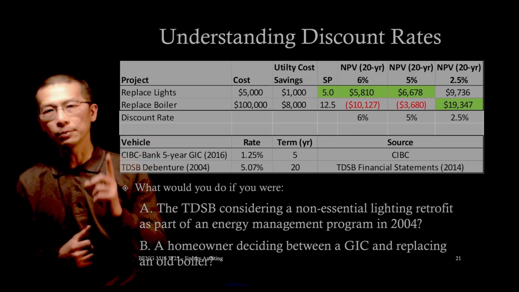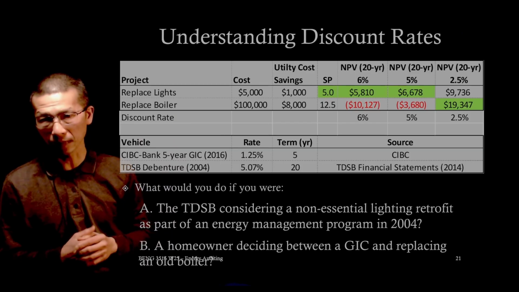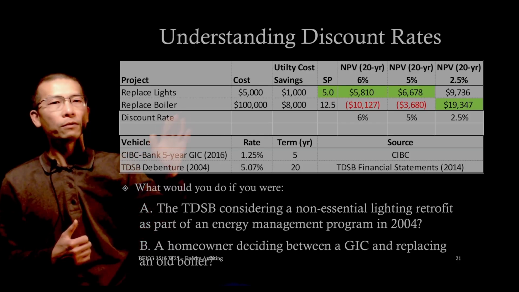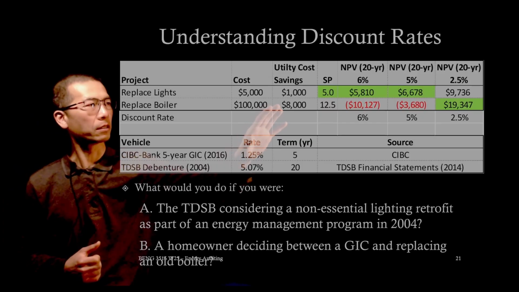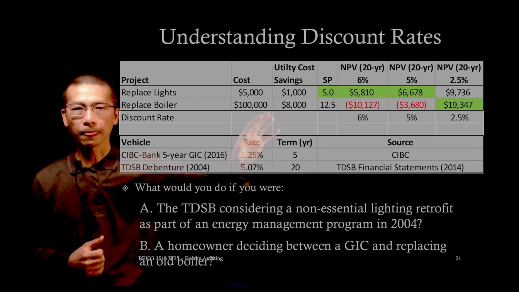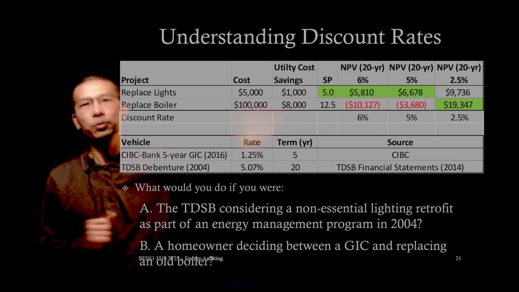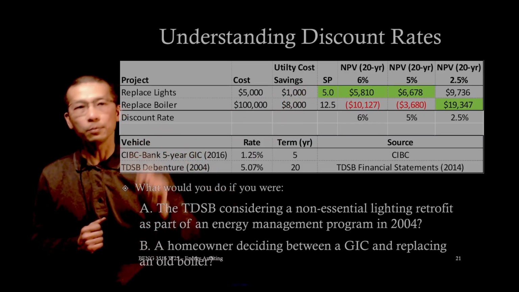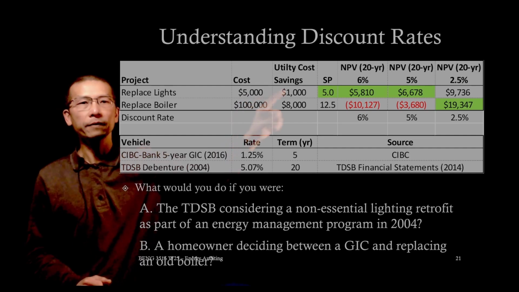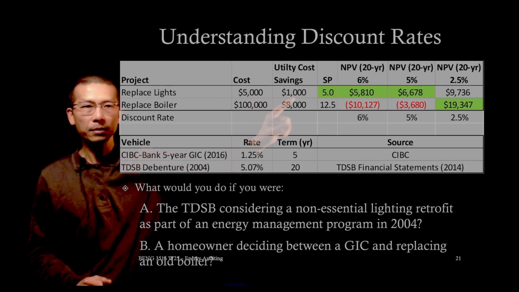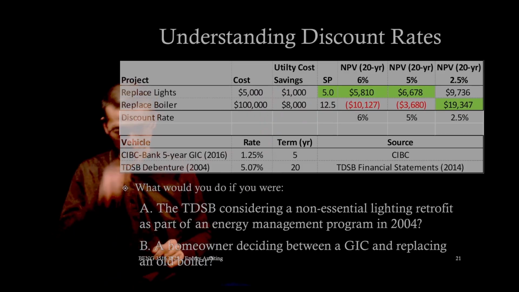So project number one, lighting retrofit, replace lighting system, cost $5,000, annual savings $1,000, and therefore SP, simple payback. Simple payback is the initial cost divided by the annual savings. Therefore, 5 years payback.